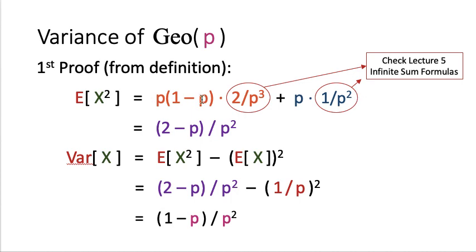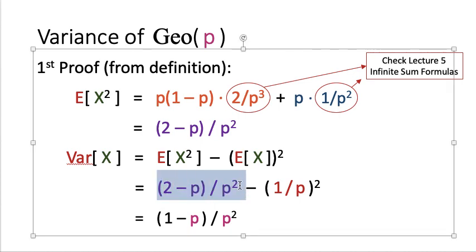After simplification, we get that this is equal to (2 minus p) divided by p squared. Now to get the variance of X, we deduct from this term the square of the expected value of X. For a geometric random variable, the expected value is easy.